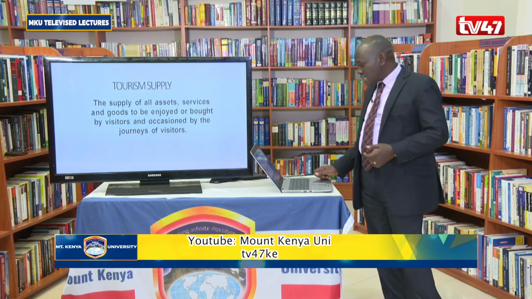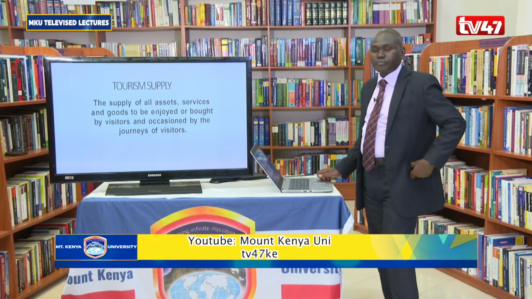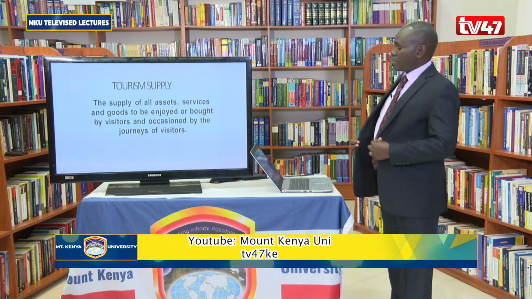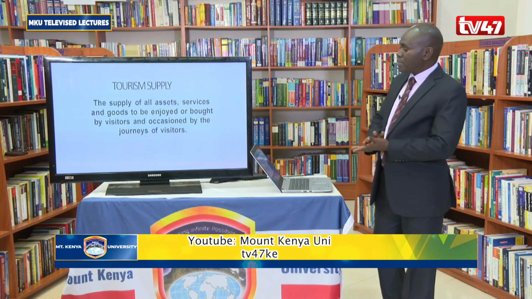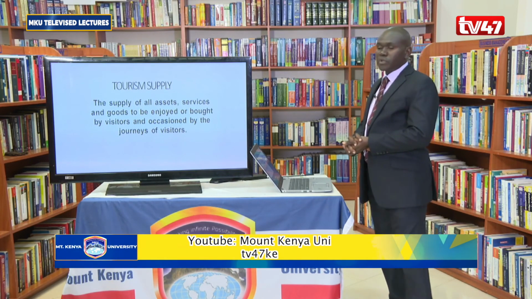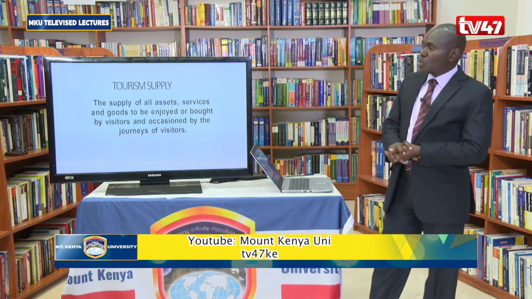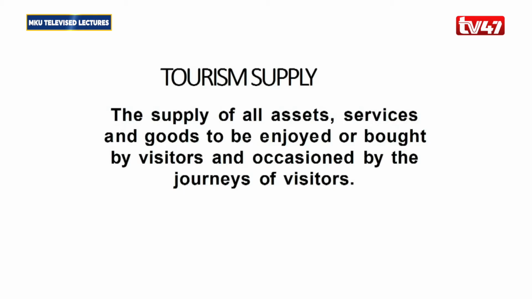Then we focus on tourism supply. Now, as far as tourism supply, here we're talking about the supply of all assets, all services, and goods that are to be enjoyed or bought by visitors and occasioned by the journey of the visitor.